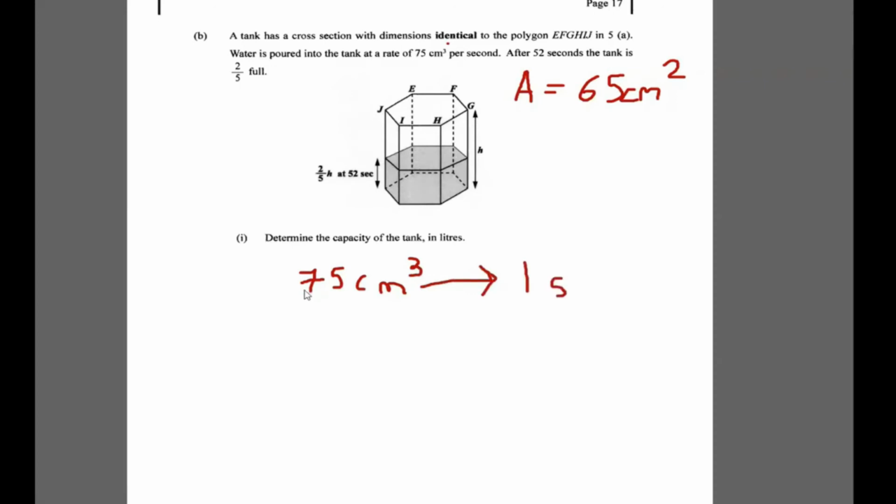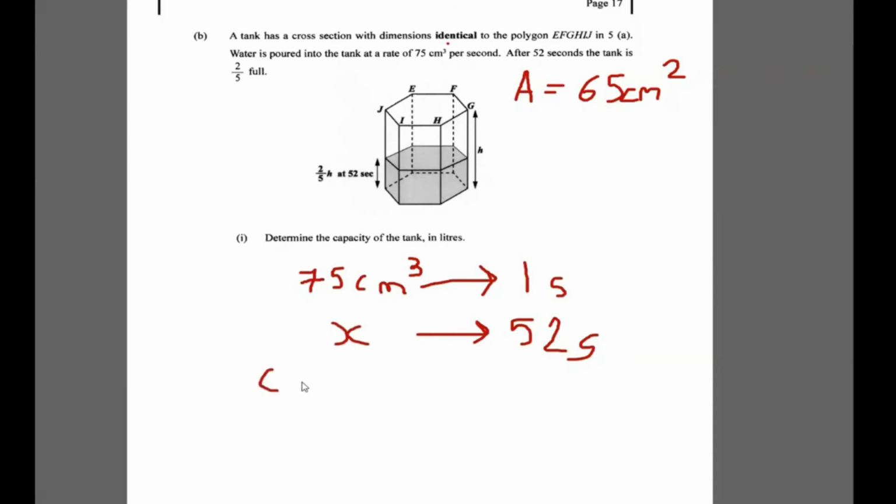If 75 cm³ is poured into the tank every second, then after 52 seconds, what we're going to have is 52 times 75. That tells us how much is poured into the tank after 52 seconds. If 1 second gives 75, then 52 seconds must give 52 times 75.